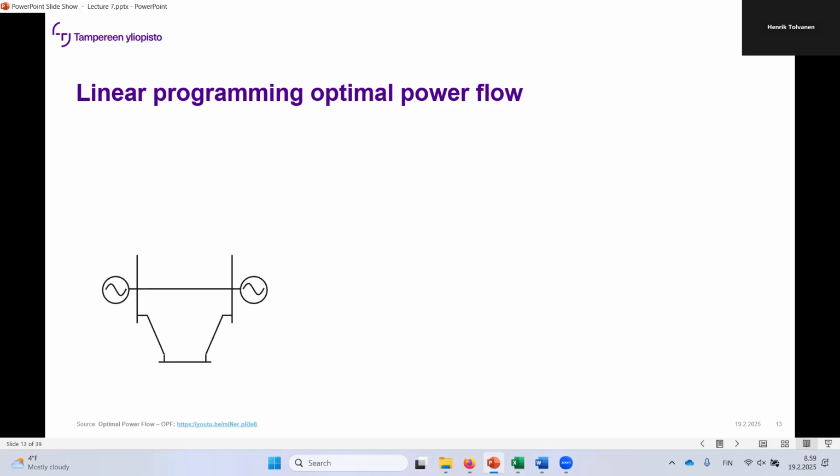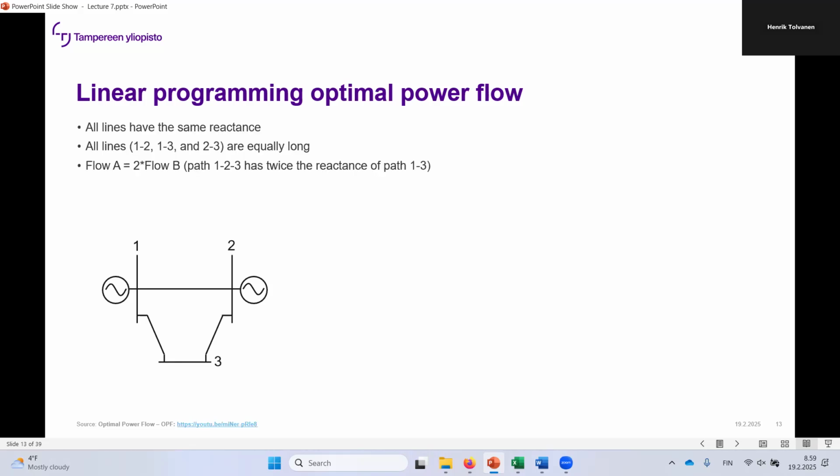And this is going to be our system. We have two of these production nodes and one consumption node in there. And all of these lines have the same reactance. So from 1 to 2, 2 to 3, 1 to 2, they are going to be the same reactance.